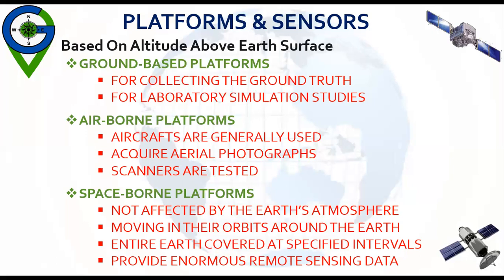So remote sensing may be classified from many perspectives, for example, based on platform, source of energy, number of bands, orbiting characteristics of satellites, etc. In this lecture we are basically focusing on the classification based on platforms, and the second will be the orbital characteristics of the satellites.